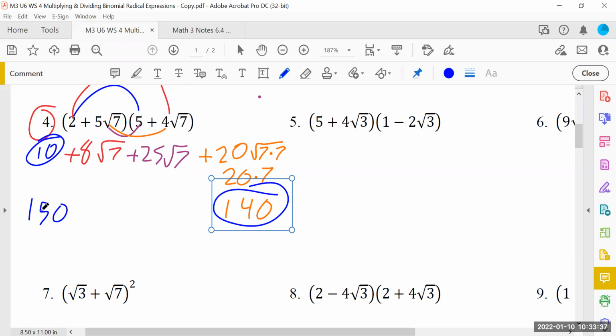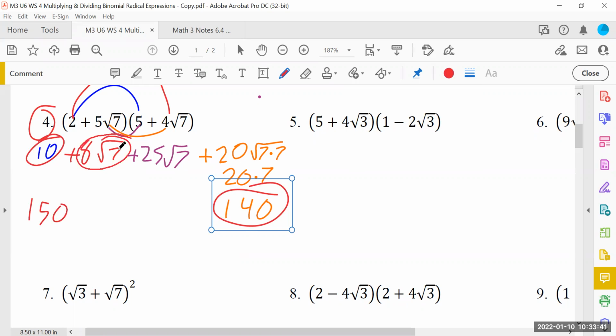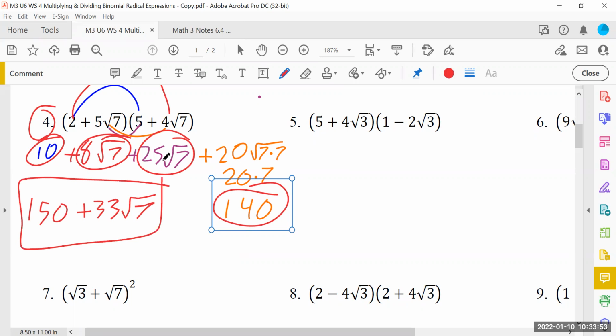Ashram, what can I put together? What does that make? 33 root 7. So that last part is where we're doing the adding. There is my answer. So again, just a bunch of little multiplications, then several addings and subtractings, and we've got our answer. Does anyone have any questions about what we've done so far?